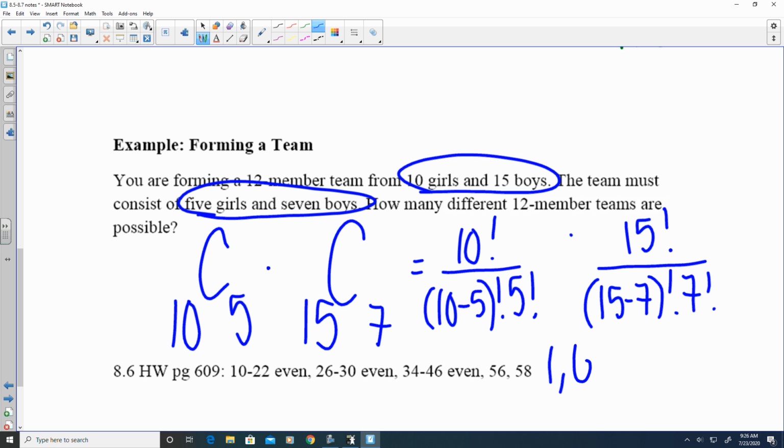Multiply everything together, we get 1,621,620 teams. It's a lot of teams.